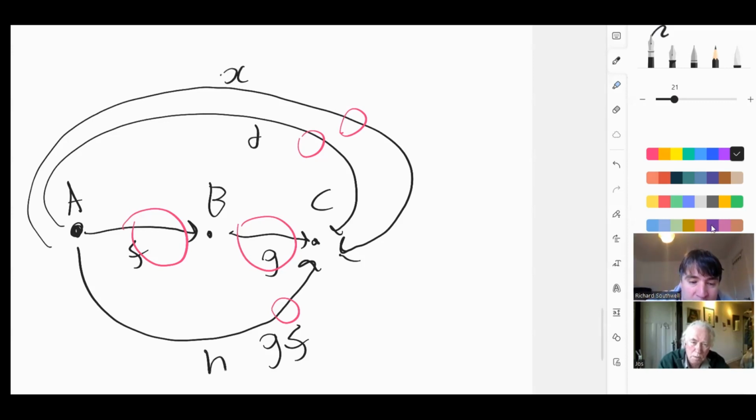Maybe this one is H. So we say there's three possibilities that go from A to C. There's H, D, and X. And we say actually H is the one that is formed by composing F and then G. So this is sort of like you have a lot of numbers, and when you add two numbers together, you have to say which of the numbers equals the result, right? So okay, that's a category, like a rough idea.